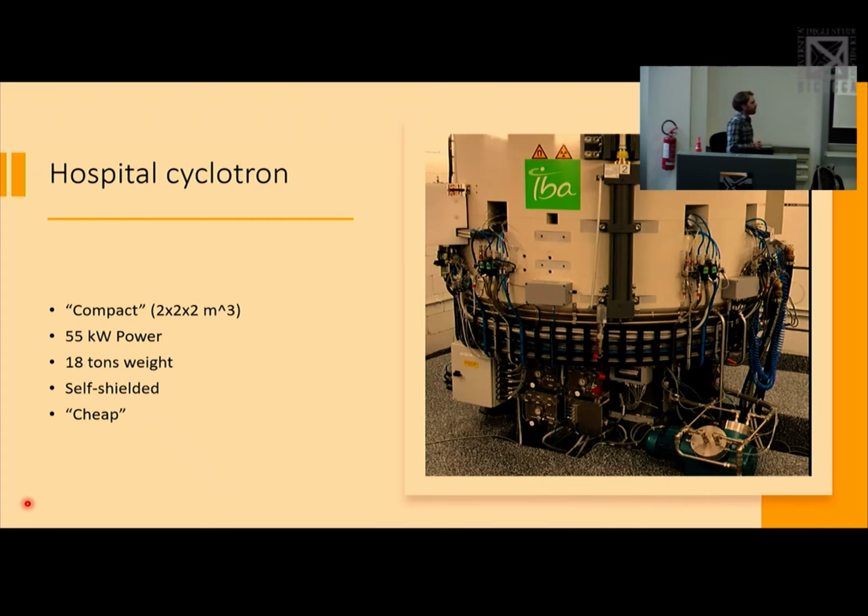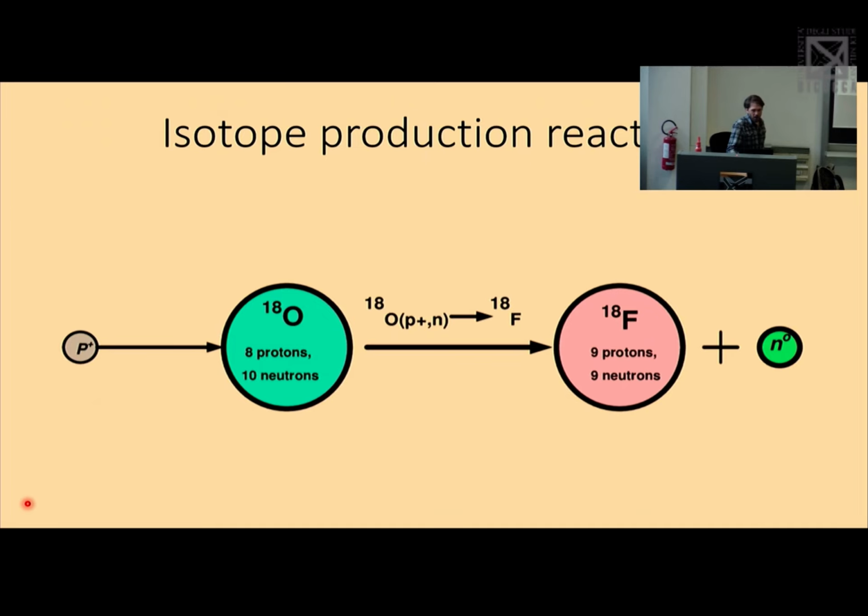And they are, let's say, cheap. It's a very relative concept of cheap, but with €1 or so million, you can buy one, and it will last 20 years or so and produce enough radioactive substances to do, I don't know, like 200 exams a day. So it's relatively easy to acquire one and operate it.